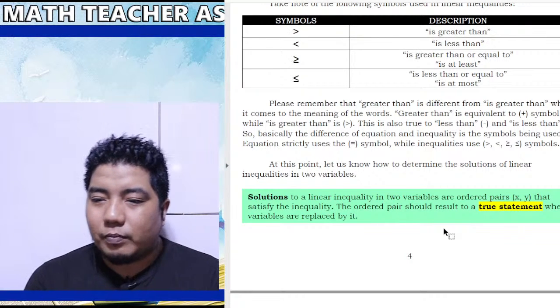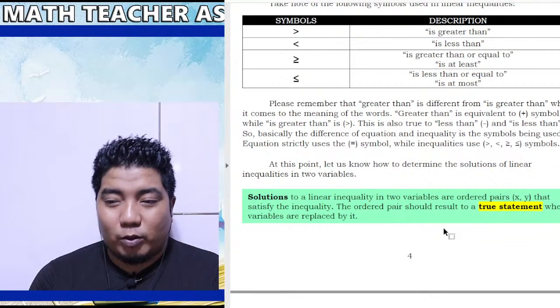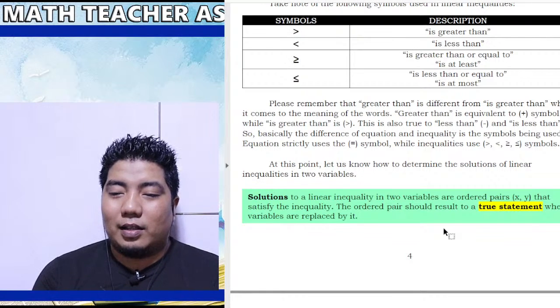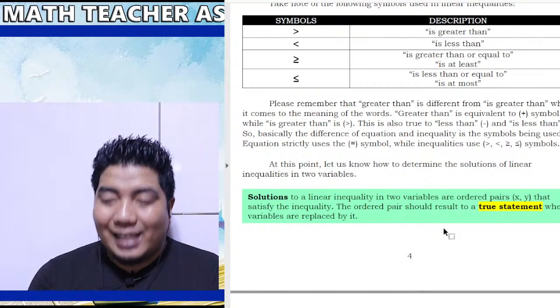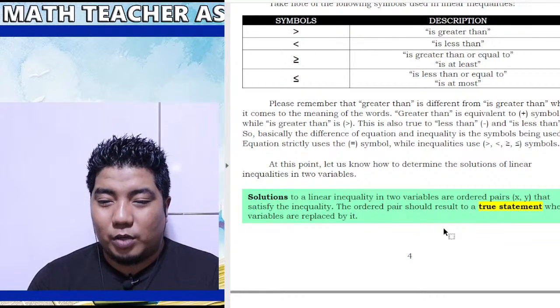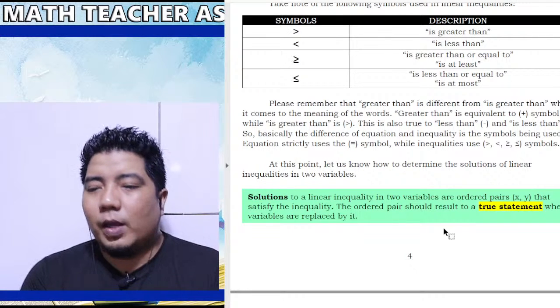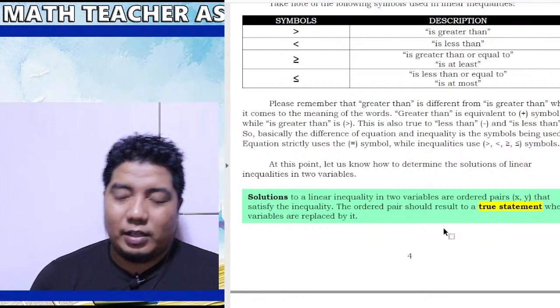Okay. So as you can see, greater than is equivalent to the plus symbol, and is greater than is the inequality symbol. Alright. The same goes for less than, which is minus, and is less than, which is the inequality symbol. Okay, so an equation strictly uses the equal symbol, while the inequalities use either of these four different symbols.